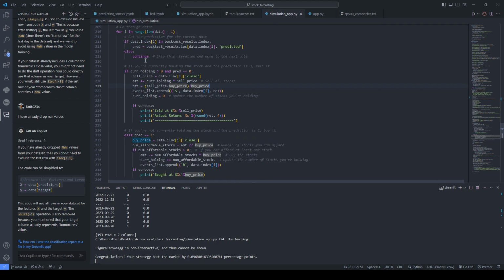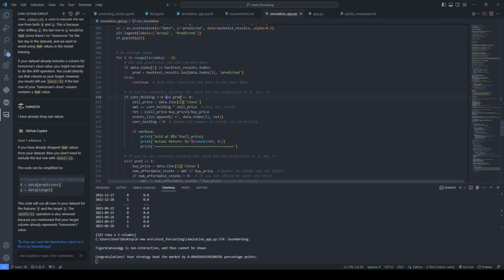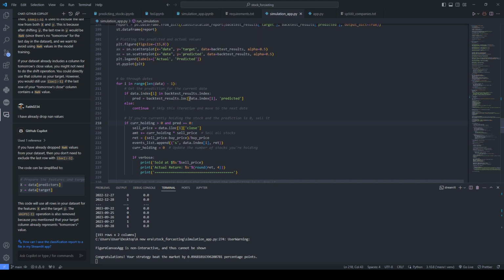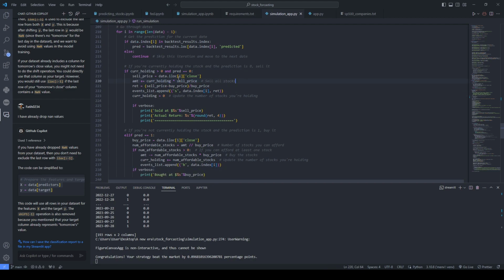Here you see, if you're currently holding any stock, and the prediction is zero, then we're going to be selling it. The amount is changing the return. Did we make any money out of it or not?